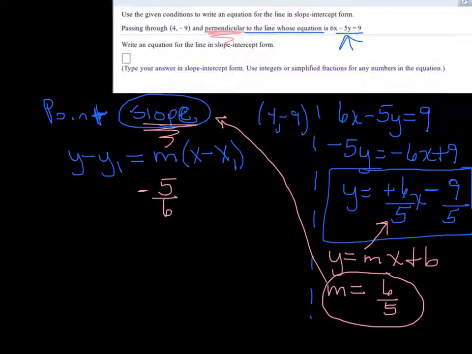So this will be a negative 5/6. Okay, that is our slope for the new line. And now we just take our point values, and this is bad math writing in the middle of the equation like that. But anyway, our y here is negative 9, so we'll have a y plus 9.